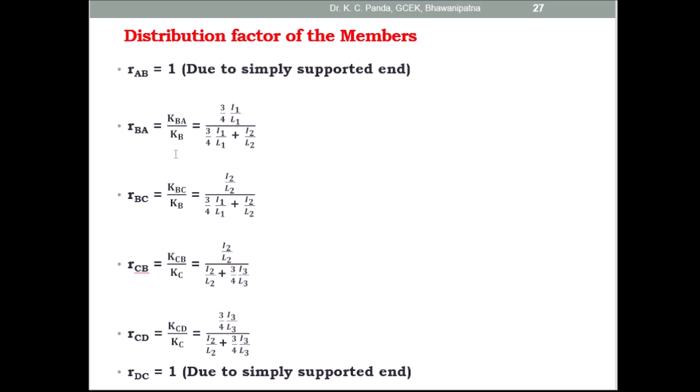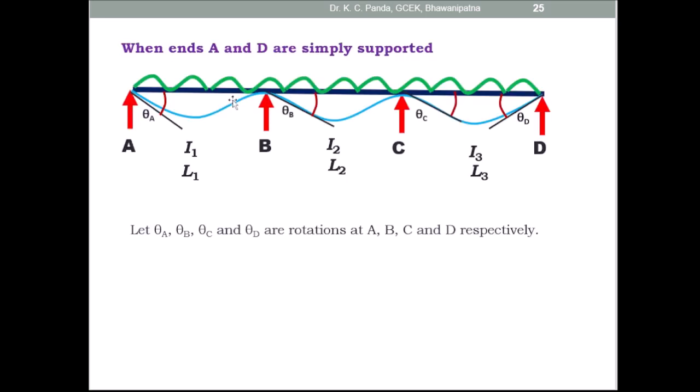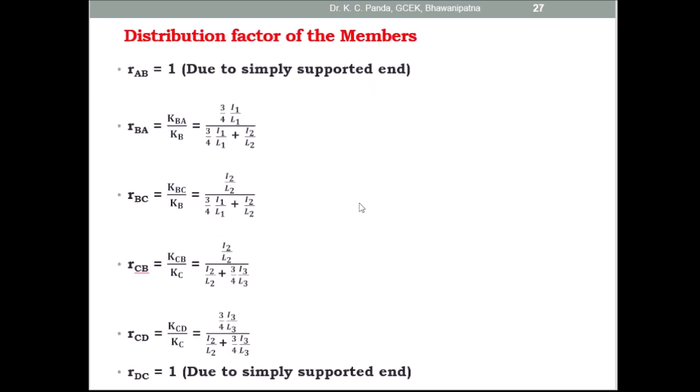For RBA, KBA divided by KB, and RBC is KBC divided by KB, and RCB is equal to KCB divided by KC, and RCD is equal to KCD divided by KC. So these are the distribution factors.